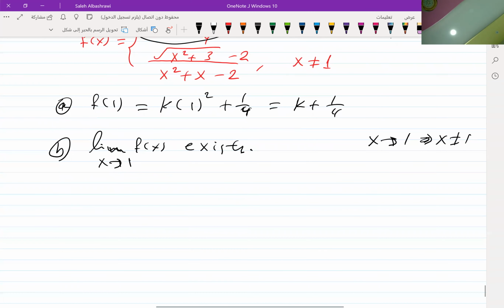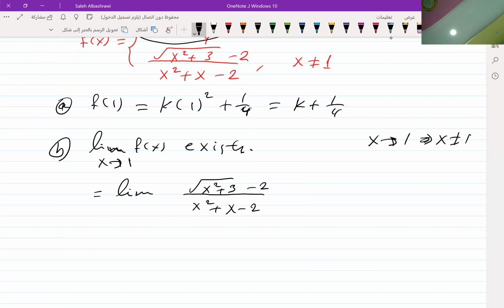So for this condition, we have the limit of the function square root of x squared plus 3 minus 2, divided by x squared plus x minus 2, as x goes to 1.